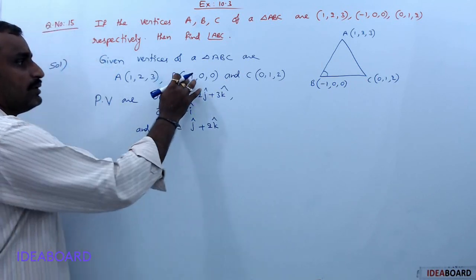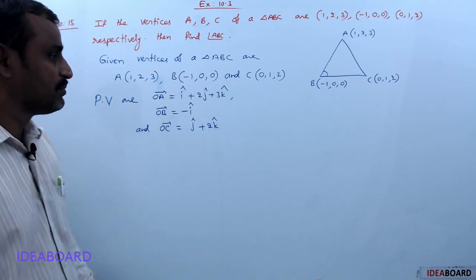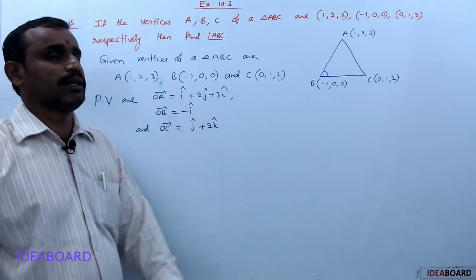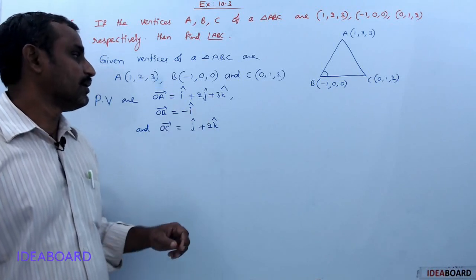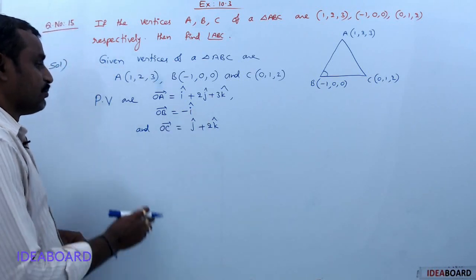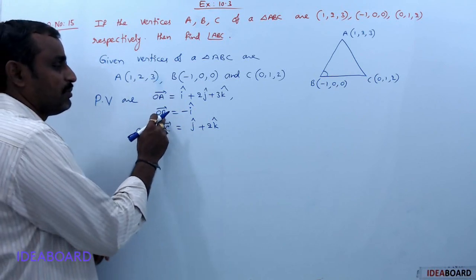In OB bar the y and z coordinates become 0, so there is no j and no k in this vector. Only the x coordinate remains. So the position vectors are OA bar, OB bar, OC bar.